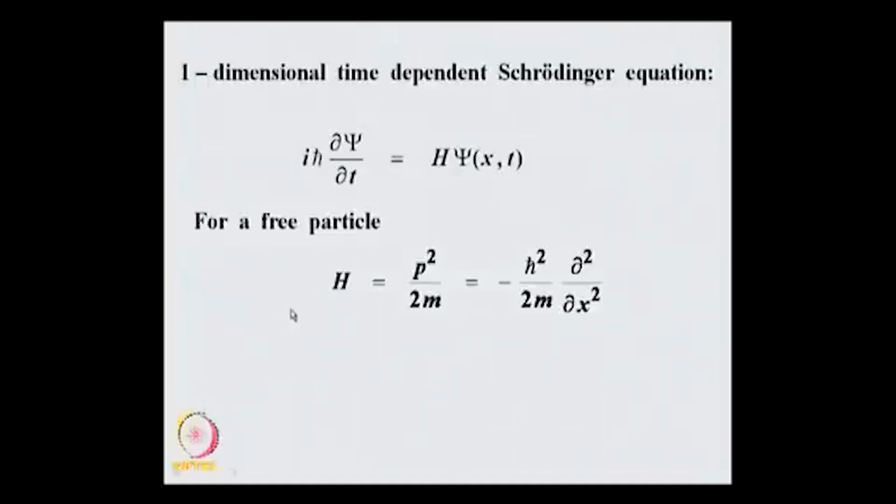So, this is my Schrodinger equation, and for a free particle V of x is 0. So, my Hamiltonian is p square by 2 m, which is equal to minus h cross square by 2 m partial 2 by partial x square.